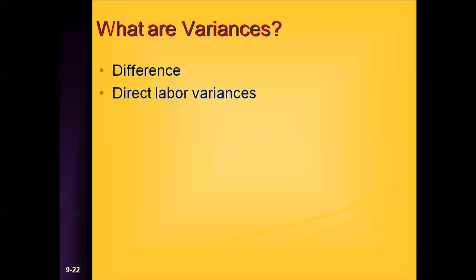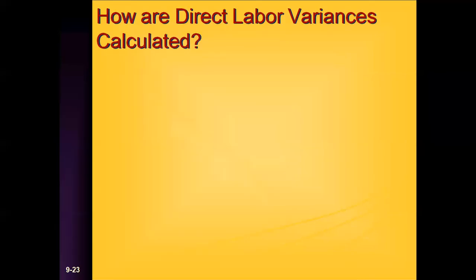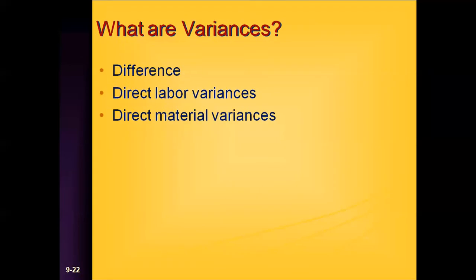Well, the reality of it is, like any plan, you're going to have variances from the plan. And these are called direct labor price variances, direct labor usage variances, and you also would have a similar kind of situation in direct material variances.